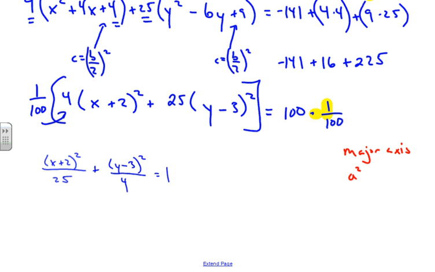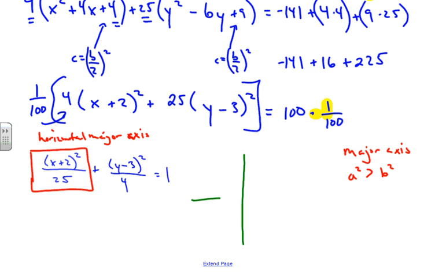So a squared always has to be greater than b squared. Right here, 25 is greater than 4, so therefore the x is my major axis. So I have a horizontal major axis.